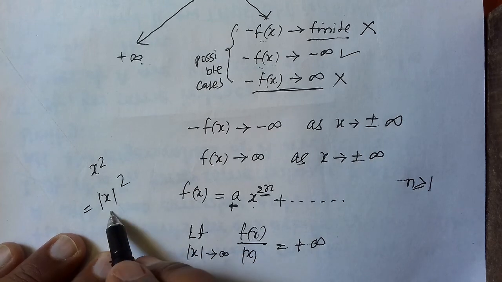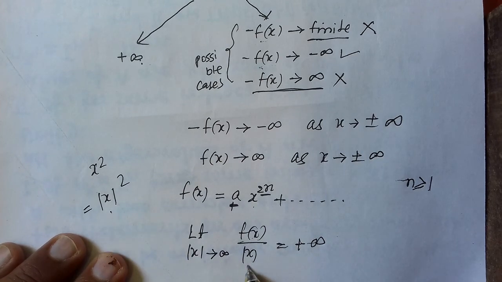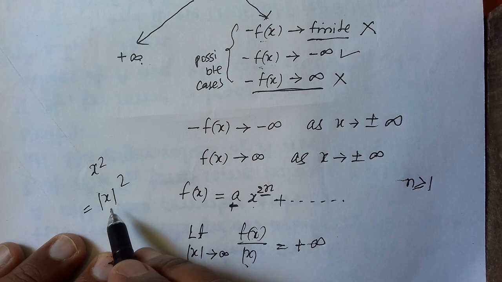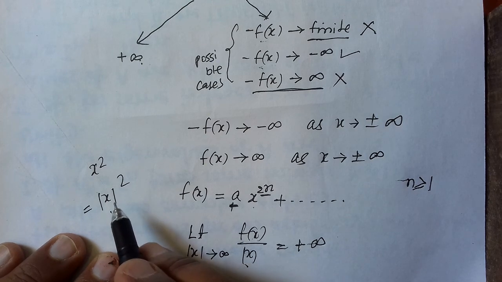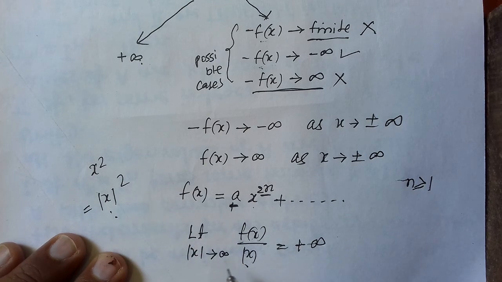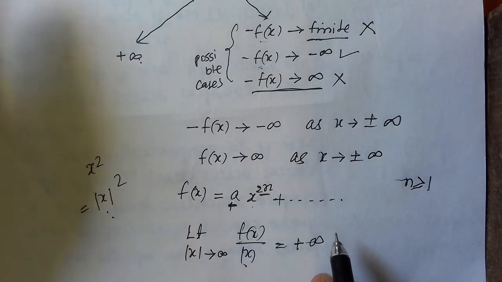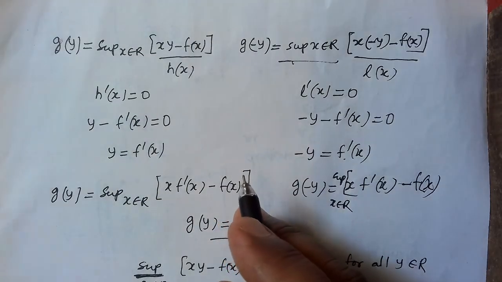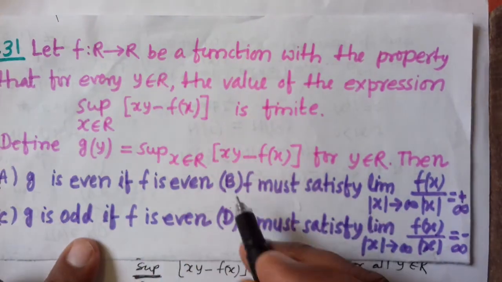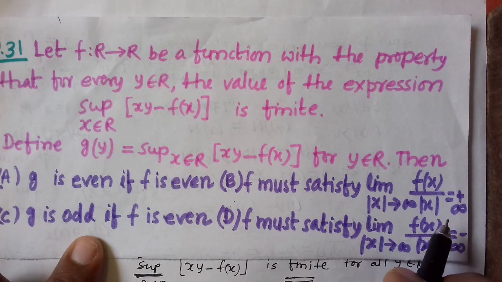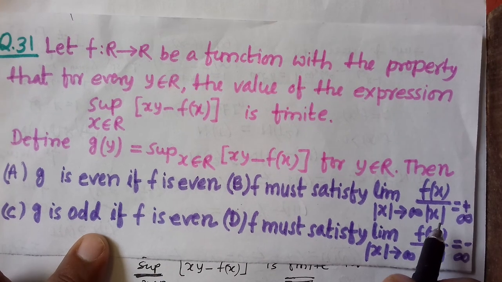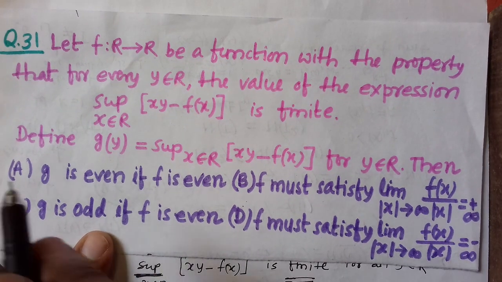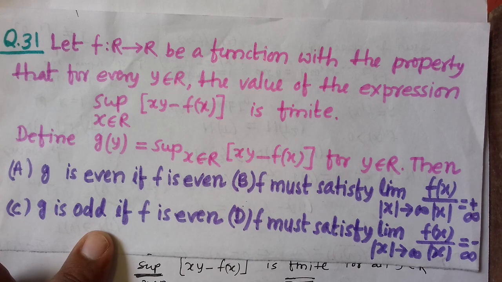Mod x square by mod x, one mod x cancels and one mod x remains, and if you tend that mod x to infinity, then obviously this whole thing will tend to plus infinity. So our second correct option is B, because in B you see this tends to plus infinity. So the correct options are A and B. This question is over.